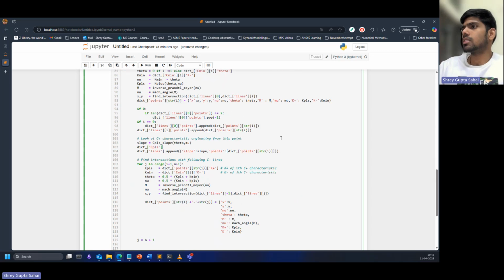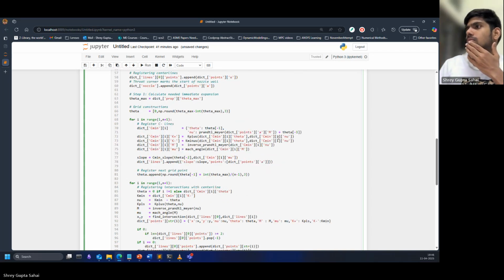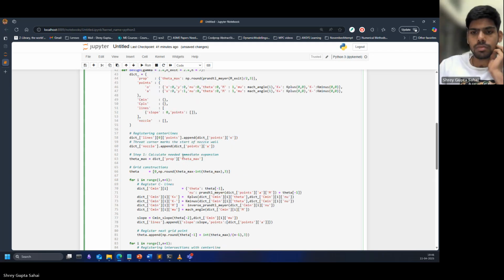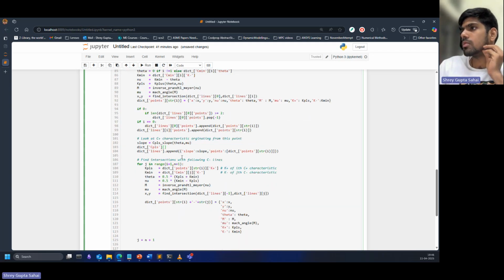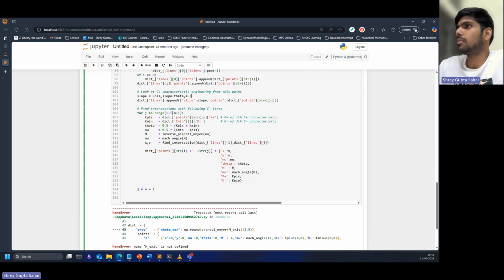I don't know if I will be able to write this. So actually, basically, this intersection is here. Let's forget about this. Intersection is the last line. What is the last line that we have in this thing? Let me mark this.